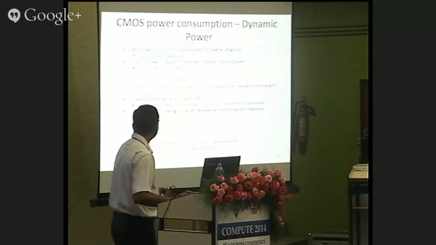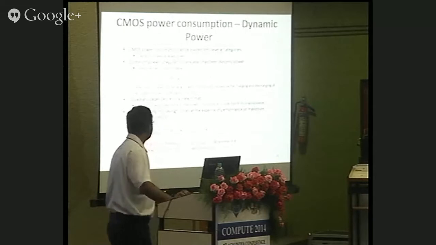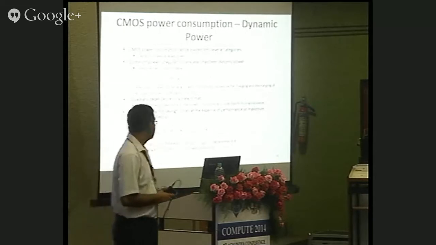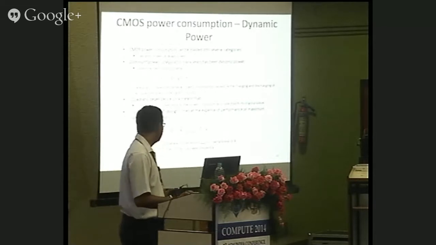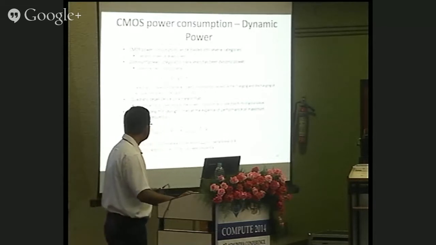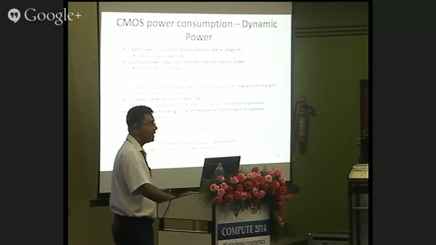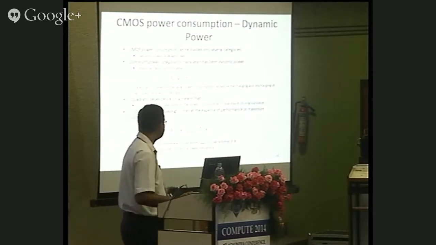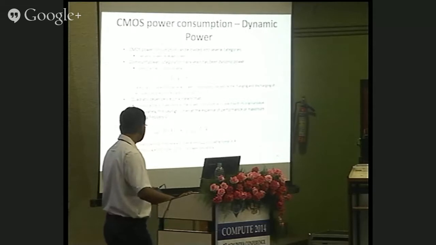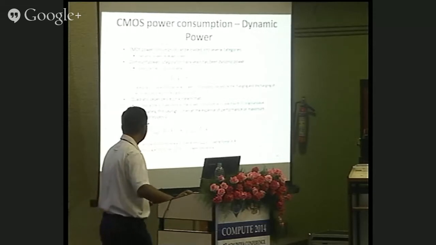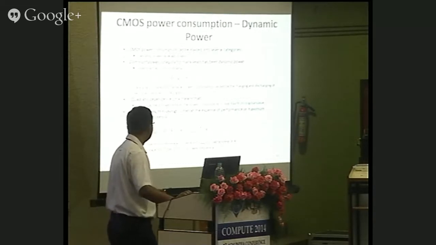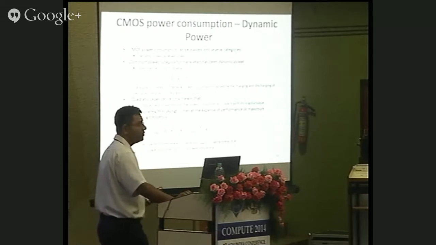Now let's look into CMOS power consumption, or dynamic power. This power is a product of the activity factor, the capacitance of the device, the square of the voltage, that is the operational voltage, as well as the frequency. What we see is that if we can reduce the supply voltage, let's say if V is the supply voltage now and we make it 3 by 2 of that, then the power also reduces by the square of that factor.